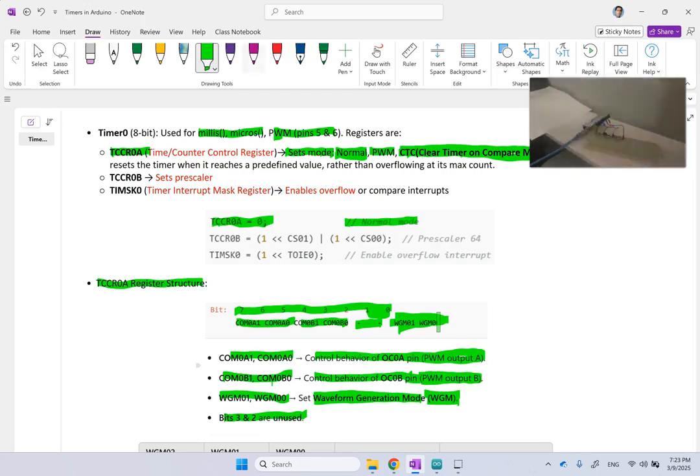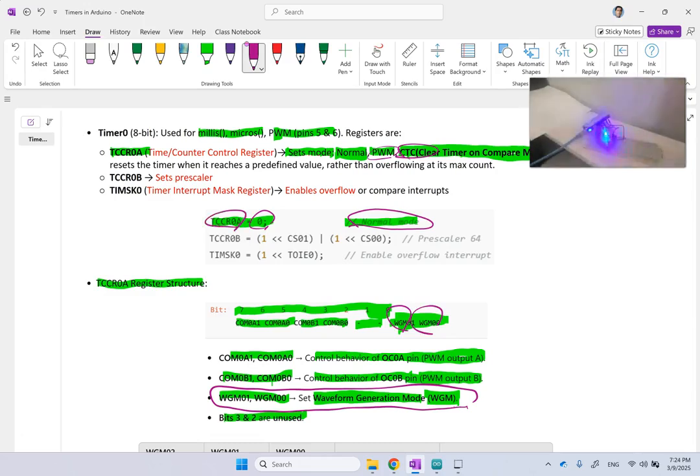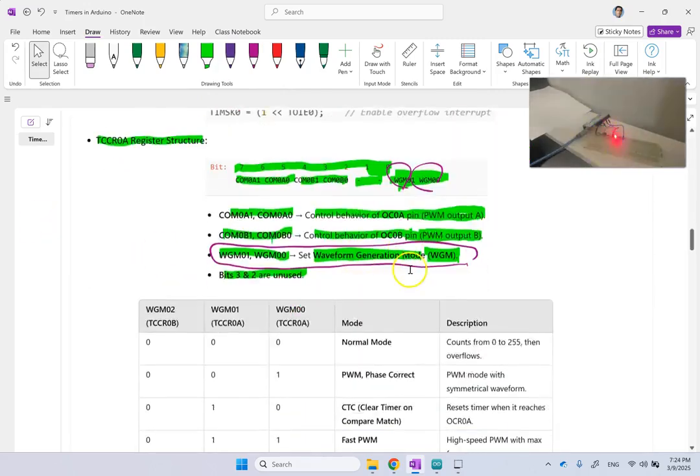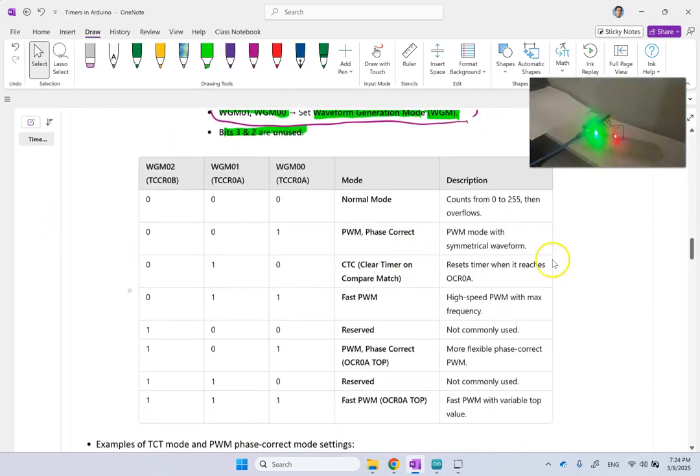Now first, let's focus on these first 2 bits that determine the mode. How do we know what number corresponds to what? Because you see here, 0 means normal mode. Well, if I want to go in CTC mode or PWM mode, what number should I assign for these 2 bits? So this is the table for it here.